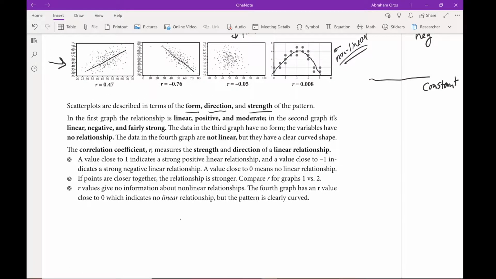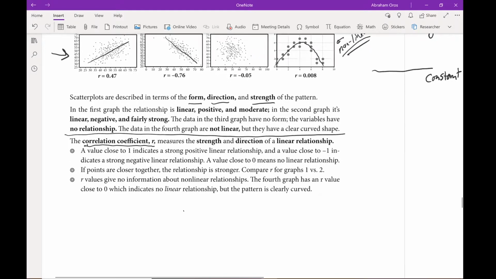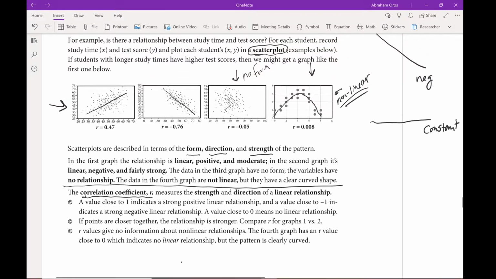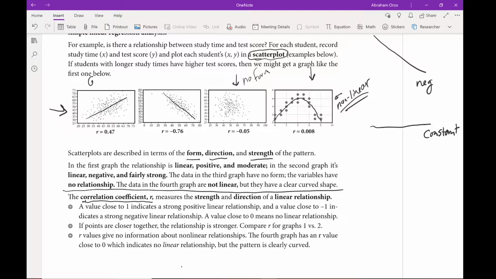I'll let you read through some of those things. Let's get into the correlation coefficient R. It measures the strength and direction of a linear relationship. Let's call that G1.